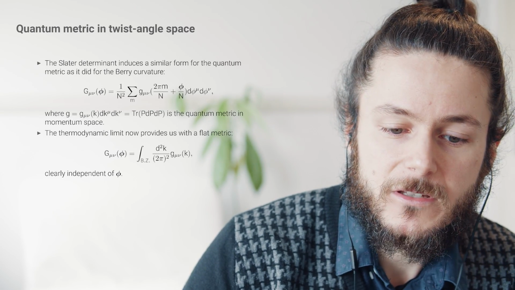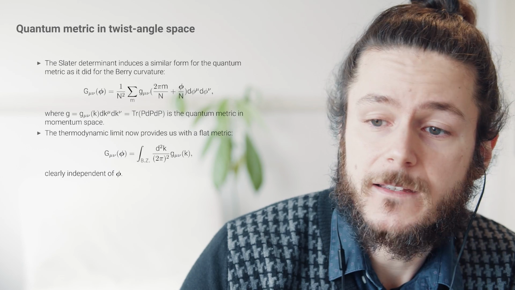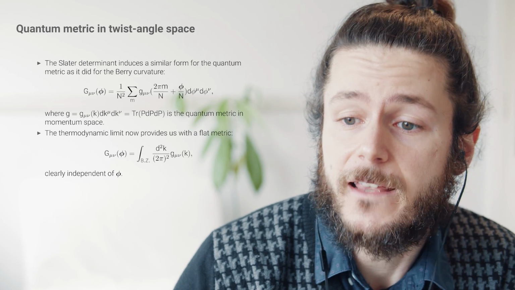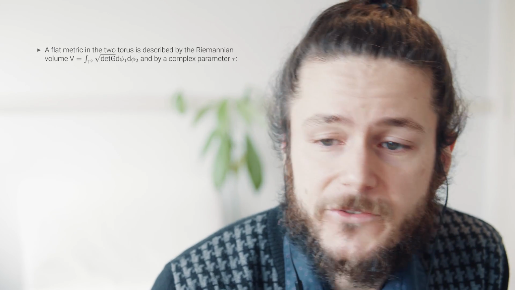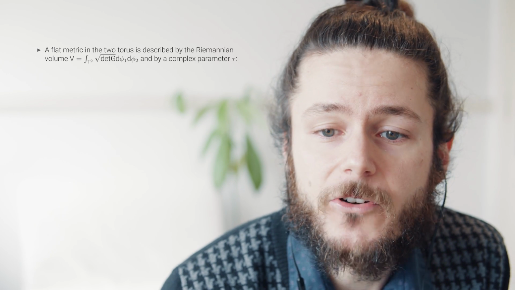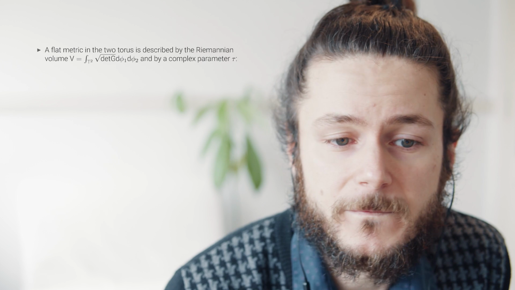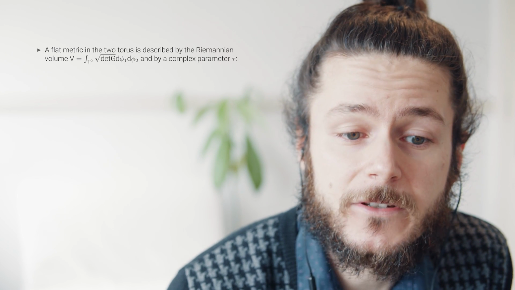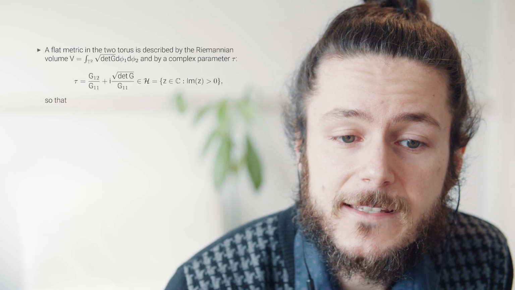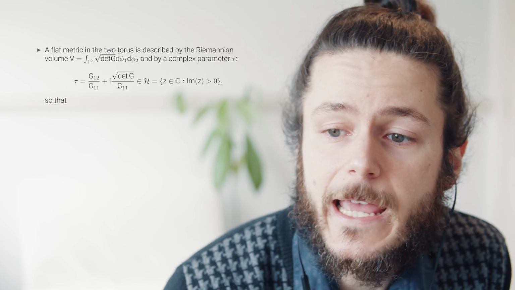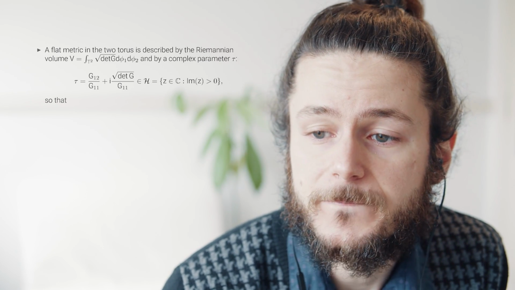So g mu nu is now independent of phi. It is uniform, it is flat. A flat metric in the two torus is described by the Riemannian volume and by a complex parameter tau, as given like that. And this complex parameter lives naturally in the upper half space.